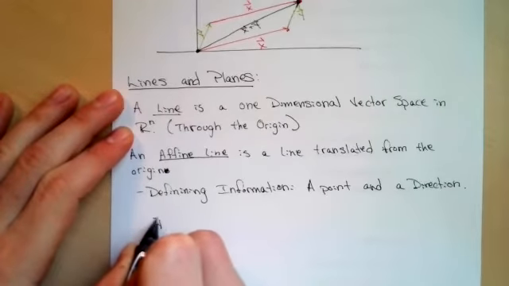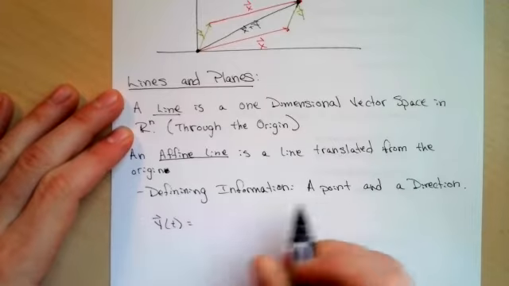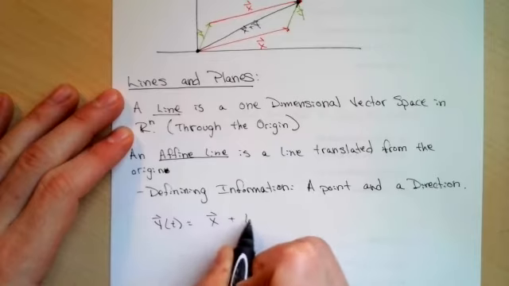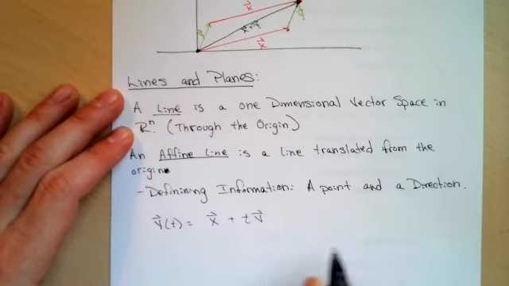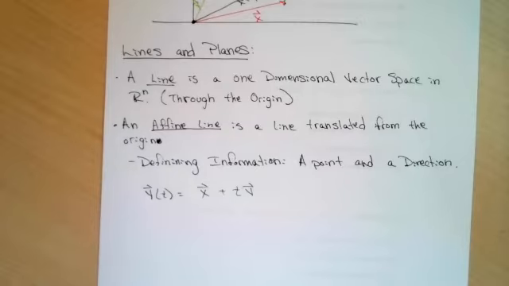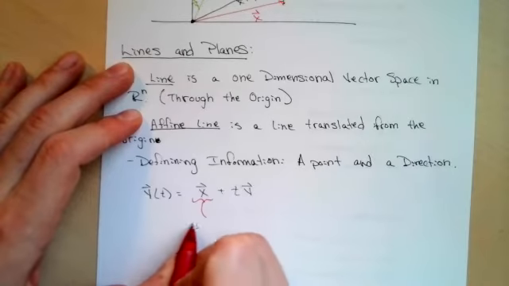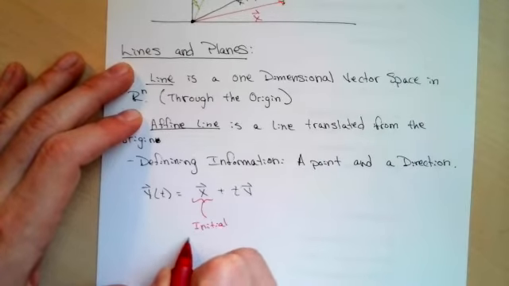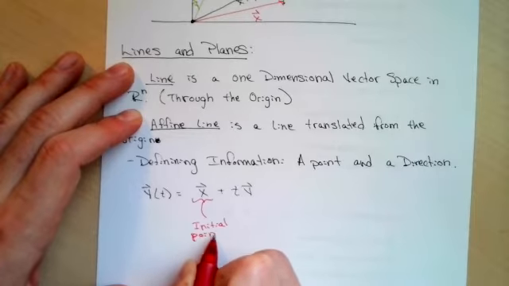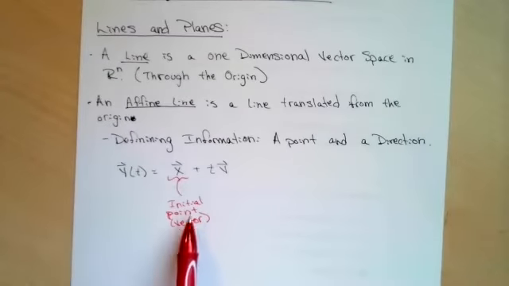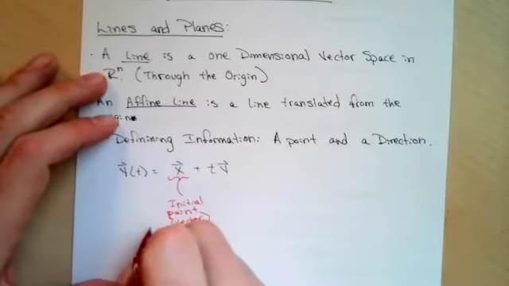So let's describe our line as y of t equals x plus t times v. So this x, we can call our initial point, or vector, since we do want to move a little bit away from the notion of points, our initial vector, or you can talk about the initial position vector.